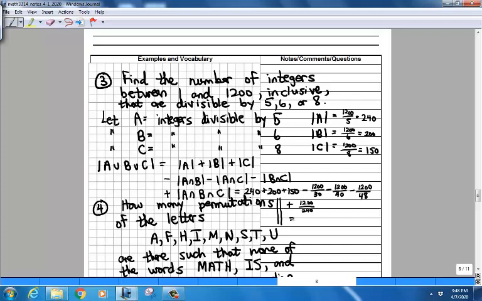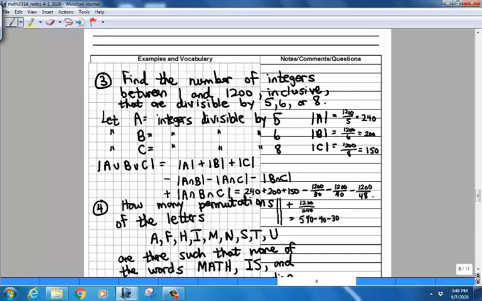Let's see, what does this reduce to now? So 240 plus 200 plus 150, that's what? 440 plus 150 is 590. Minus, let's see, 1200 over 30 is 40. 1200 over 40 is 30, right? And then 1200 divided by 48.